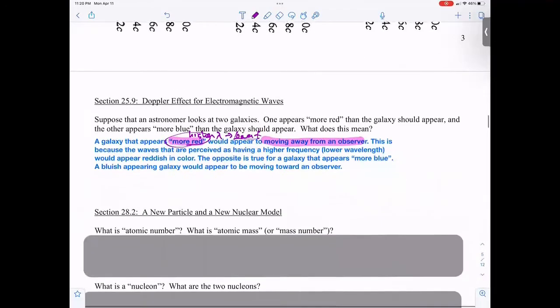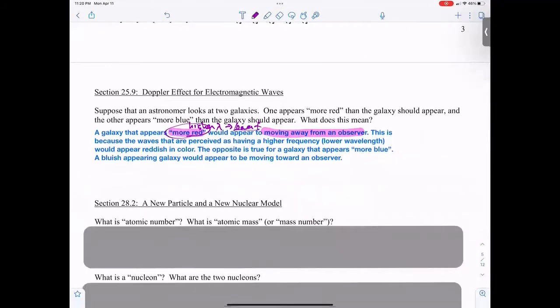When we learned about the Doppler effect, we saw that when an object making a sound is moving away from an observer, the pitch of the sound, the frequency, appears lower than it normally is, which corresponds to a longer wavelength. So light waves from a receding source are perceived as having a lower frequency and a longer wavelength, and would appear reddish in color. The opposite is true for a galaxy that appears more blue. A bluish galaxy would appear to be moving toward an observer.